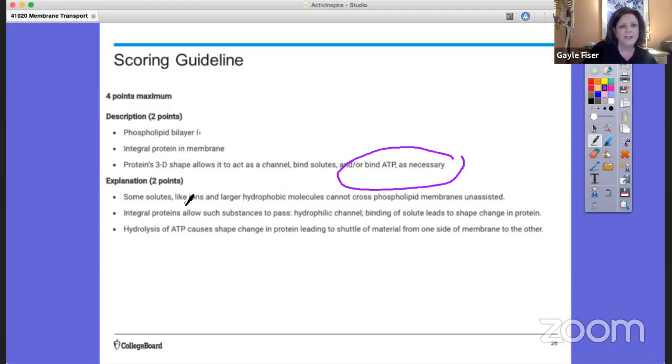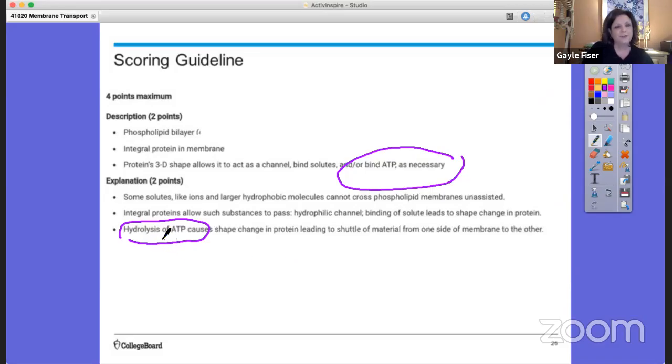Now, the explanation: some solutes like ions and larger hydrophobic molecules cannot cross phospholipid membranes unassisted. Integral proteins allow such substances to pass. Hydrophilic channel binding of solute leads to shape change in protein. Hydrolysis of ATP, okay, so we would need this right here, causes shape change in the protein, leading to shuffle of material from one side of the membrane to the other.